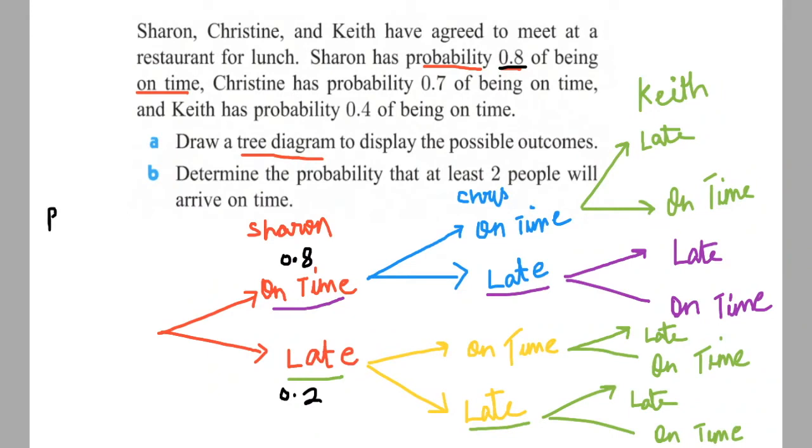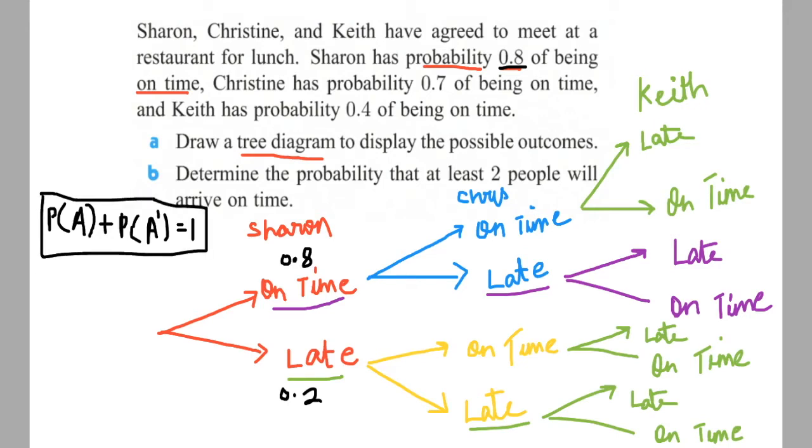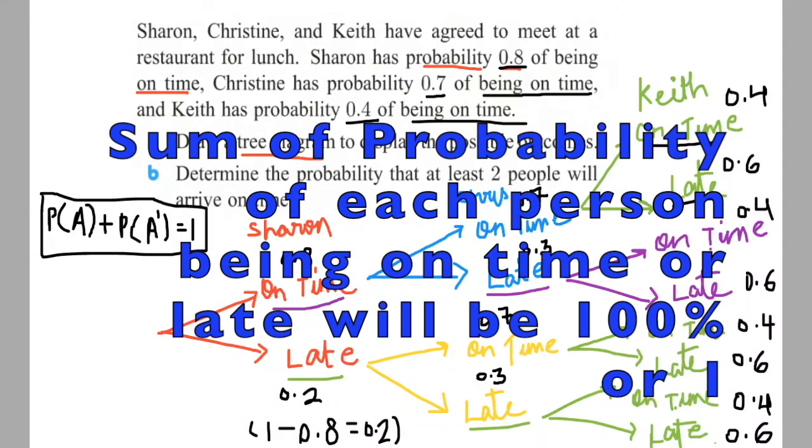Probability of happening of an event plus probability of not happening of an event is always 1. Because an event will either happen or it will not happen. So altogether, surely one of the things will happen. So Sharon will be on time or she will be late.